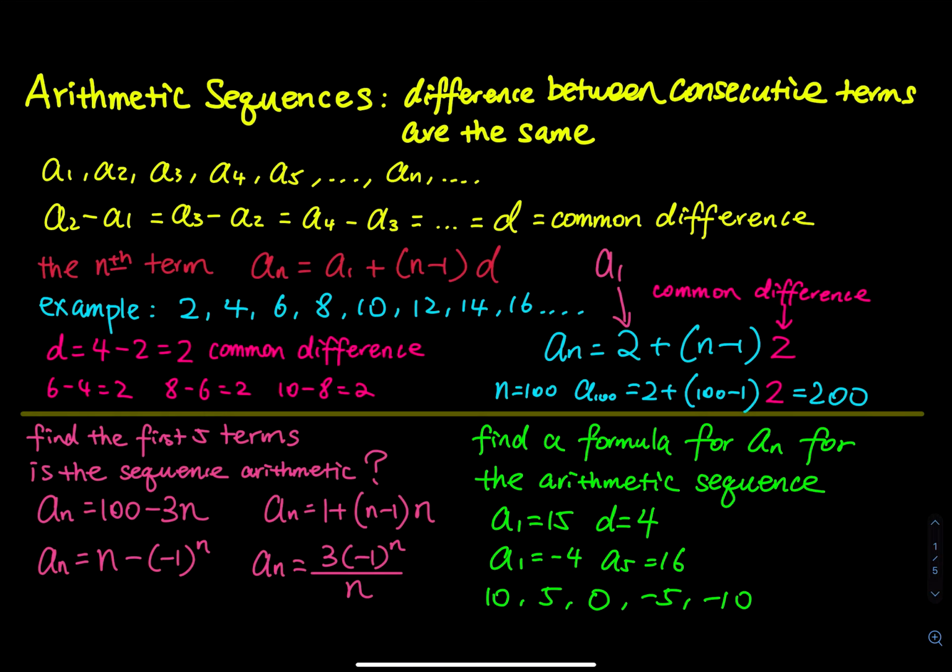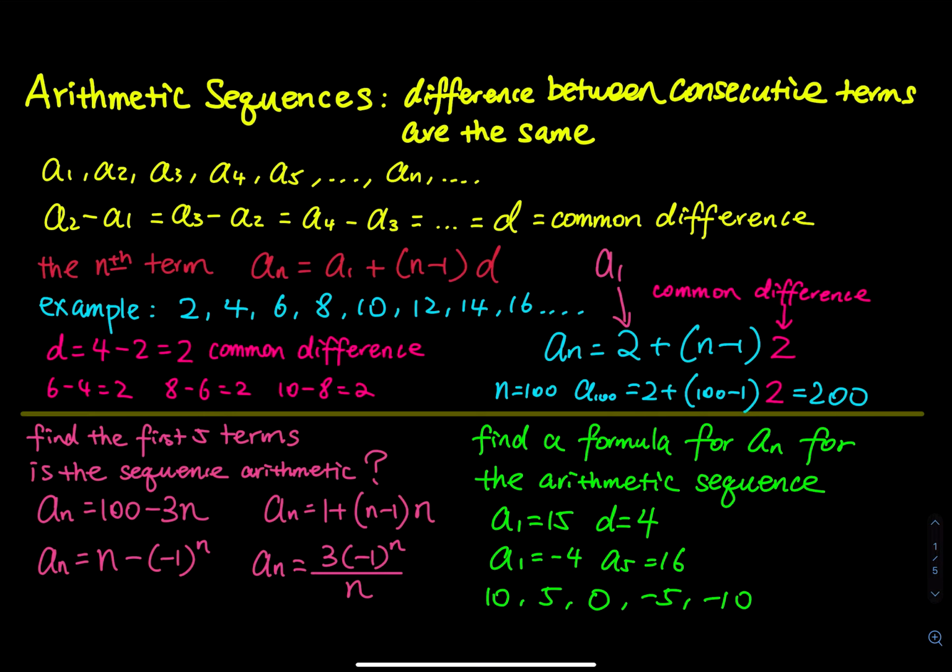You are not going to start at 2 and then add 2 100 times, right? That is going to take too long. So we will just use the formula with n equal to 100: a of 100 equals 2 plus 100 minus 1 times 2, so that is 2 plus 198, which is equal to 200.